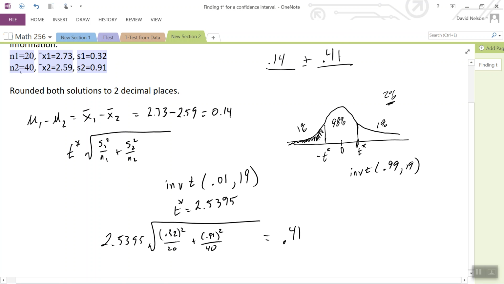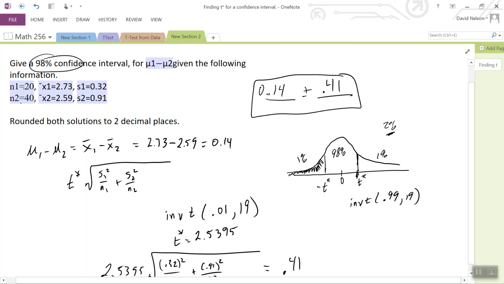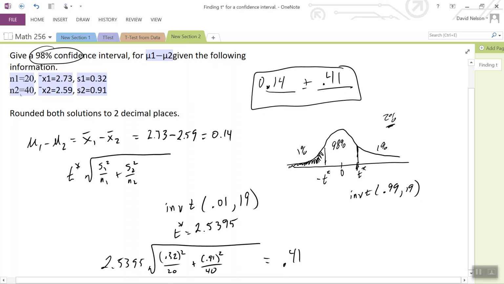So my confidence interval would be that I'm 98% confident that the difference between the two GPAs in the two groups is 0.14 plus or minus 0.41. So it seems that this overlaps 0, the possibility that there's no difference between the two groups.